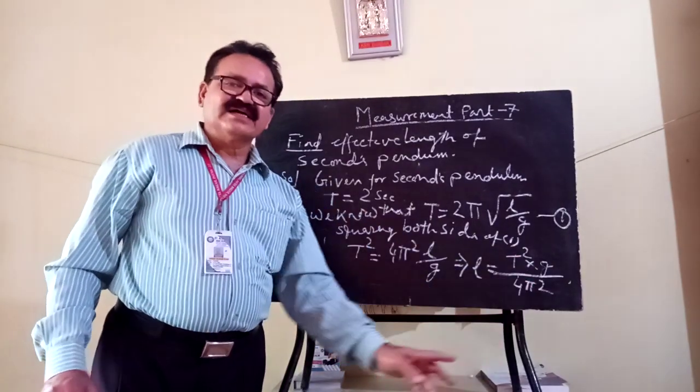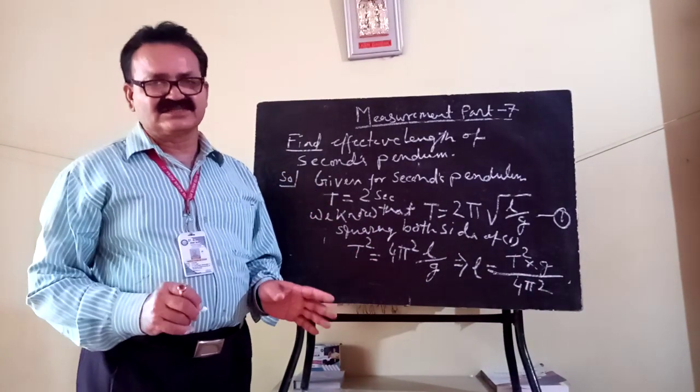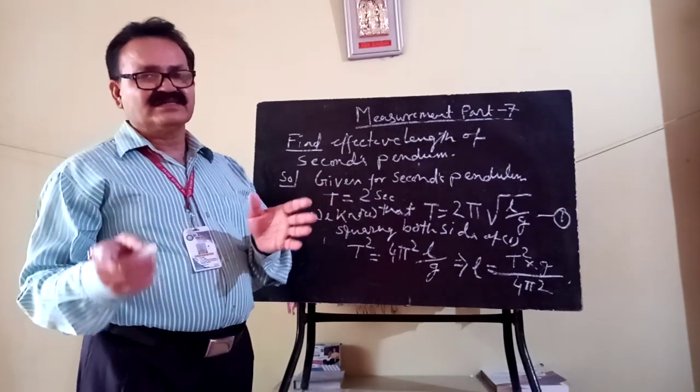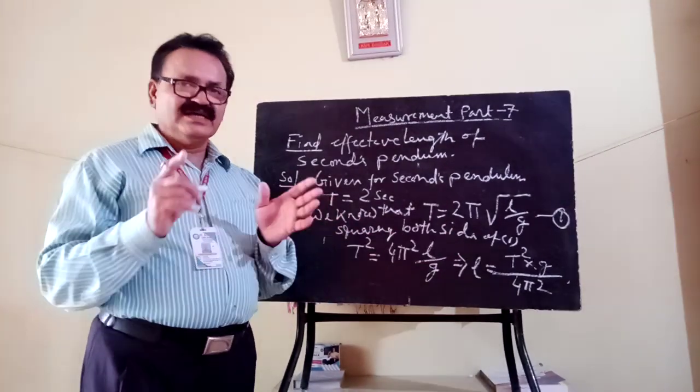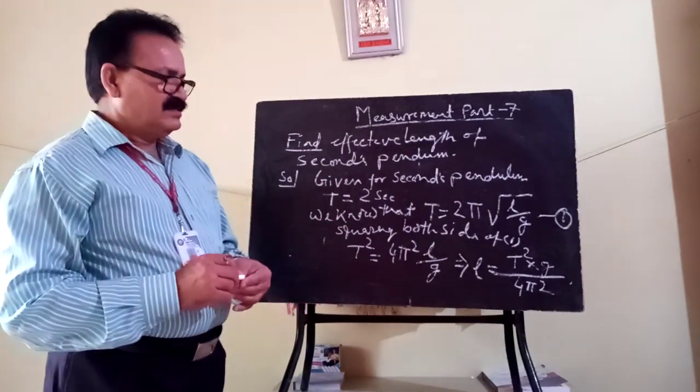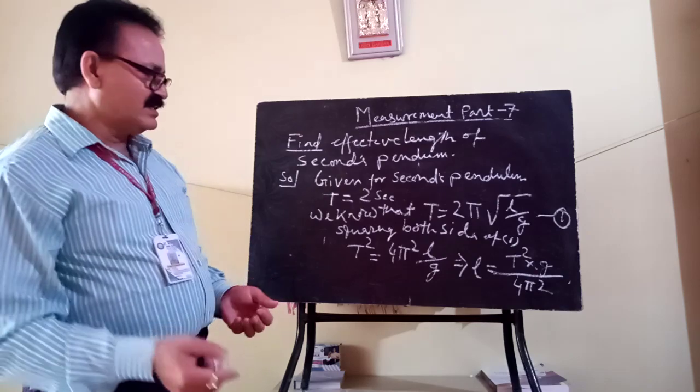g may be taken as 9.8 meter per second square, or if it is given that you have to take small g equal to 10 meter per second square, then you can take 10 also. Little bit differences in the result.